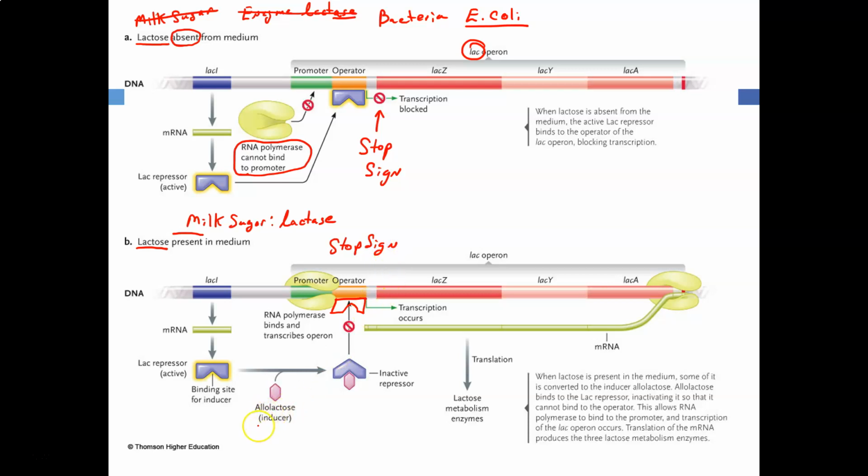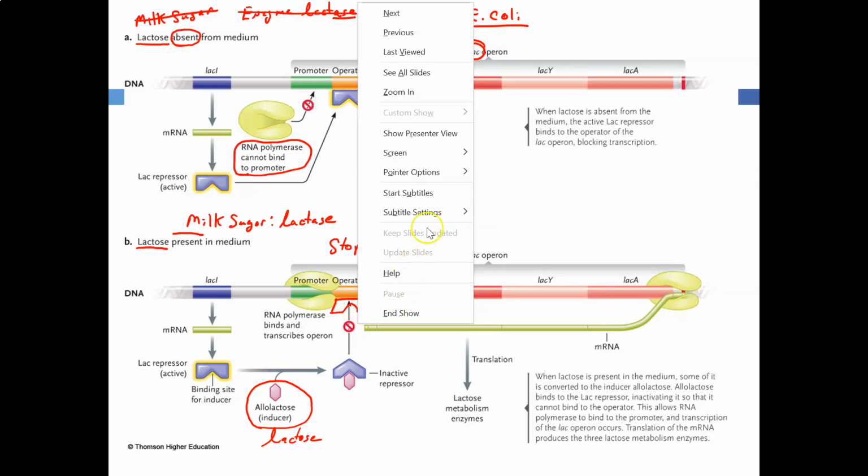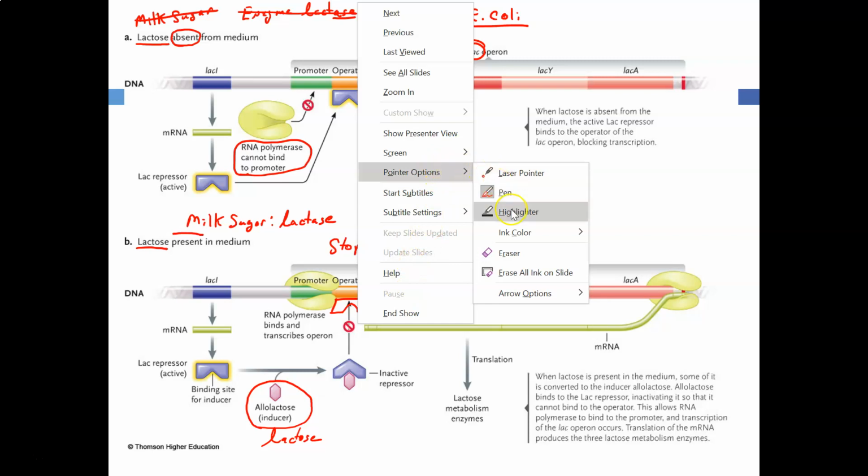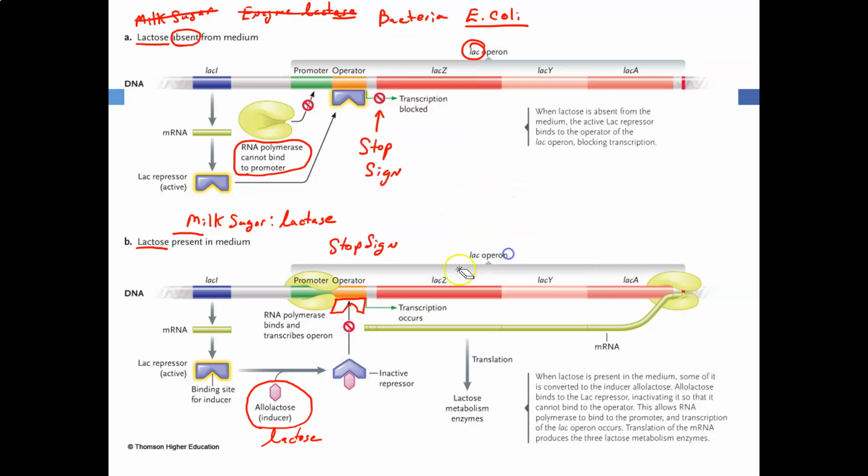However, notice this right here where it talks about allolactose. This happens to be a type of lactose, milk sugar, if you will. That milk sugar now binds to the repressor. And now that it binds to the repressor, this little repressor is going to be removed.